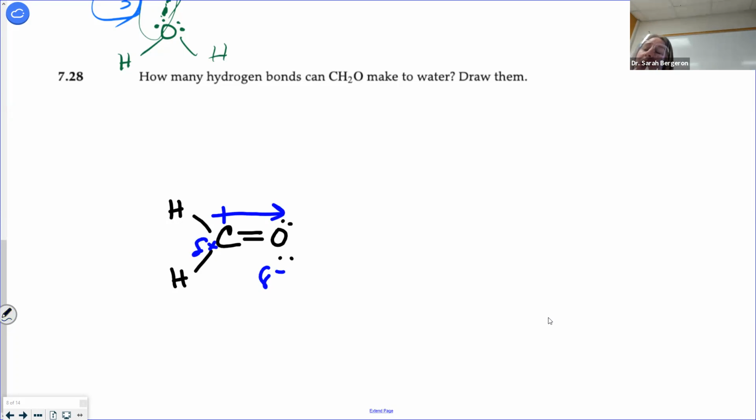Okay, so let's draw water. If I want to draw water, I want to draw it in the right orientation. So if I have a very electronegative oxygen, what part of water is that going to want to interact with? The positive part of water, right? The opposite. So what's positive in water? Hydrogen. So I'm going to put hydrogen, oxygen, hydrogen.